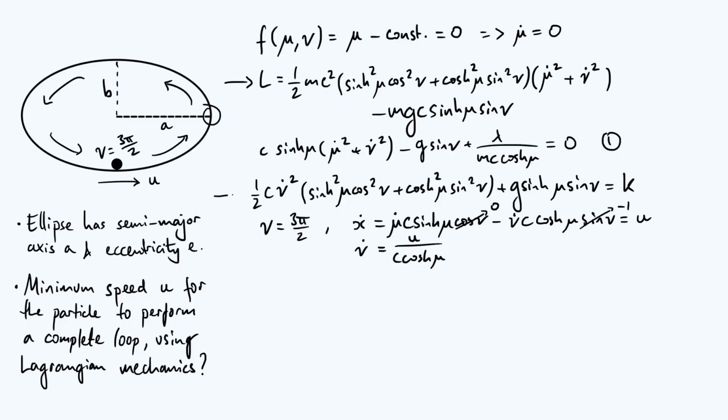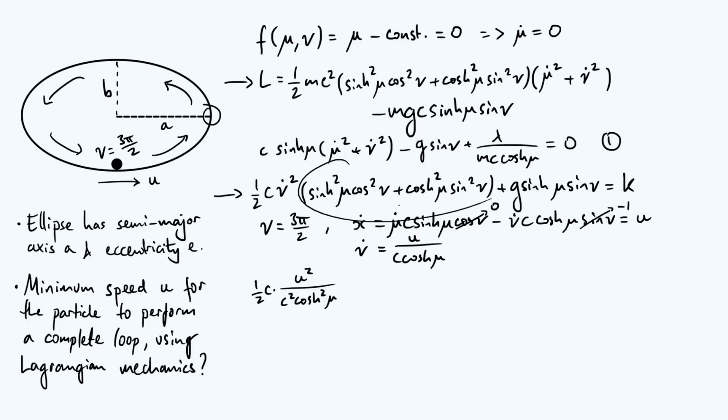So let's substitute that into our previous line to find an expression for k. So you're going to get half c times all of that stuff squared. So half c times u squared over c squared cos squared of mu. What about this bracketed bit here?